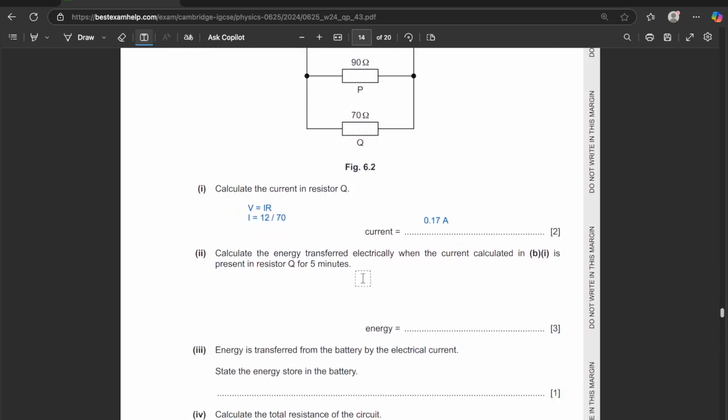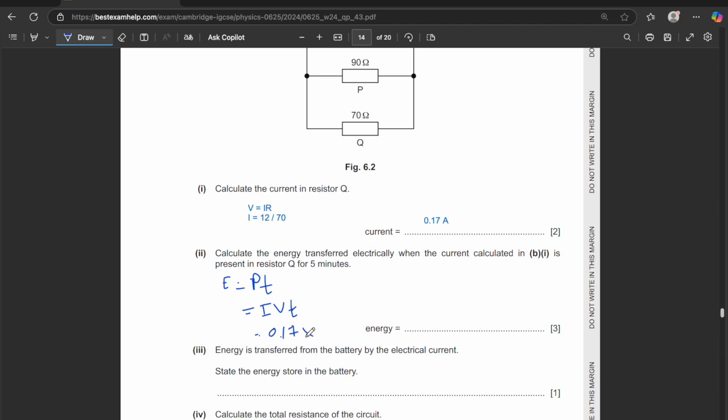2. Calculate the energy transferred electrically. The current calculated in B1 is present in resistor for 5 minutes. So energy E is equal to power times time, and power is IV. So you have 0.17.